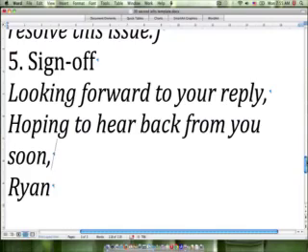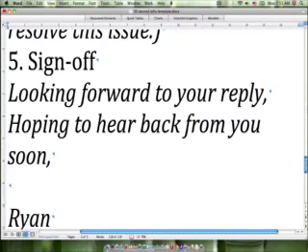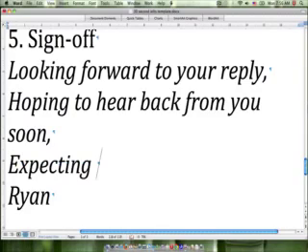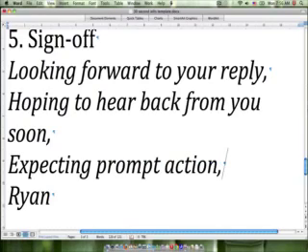Now, in the event that, say, we're writing about something we feel passionate about, and we're upset that something has been done that has made us unhappy, and we want them to do something about it, we might sign off with something like expecting prompt action, comma.